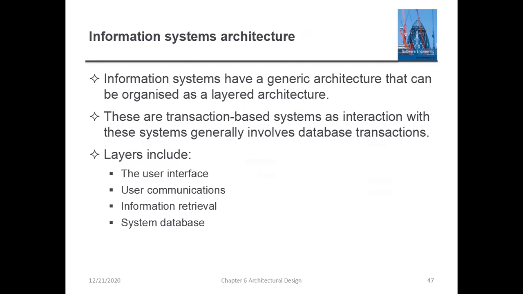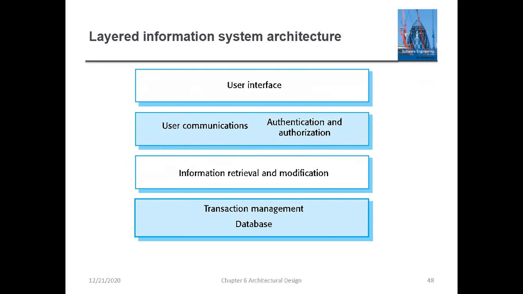Information systems architecture. This is an example of information system architecture. In the layered architecture we have transaction management, the database, information retrieval and modification, user communications, authentication and authorization, and the user interface. The interface is at the top.